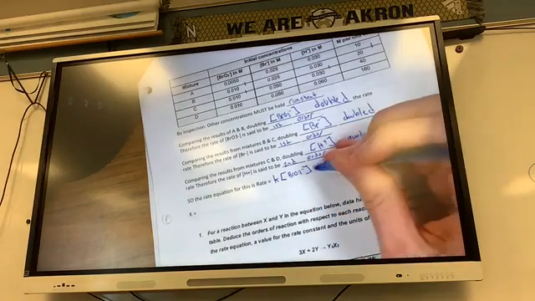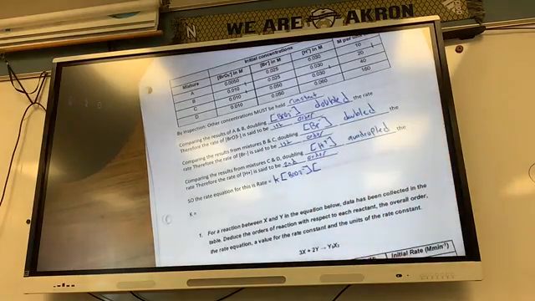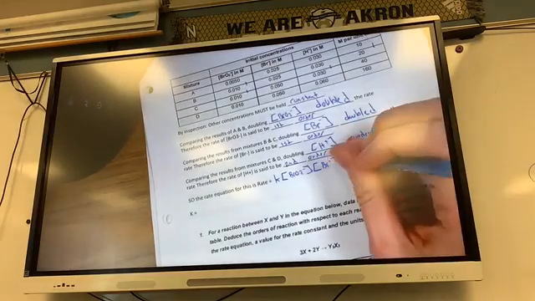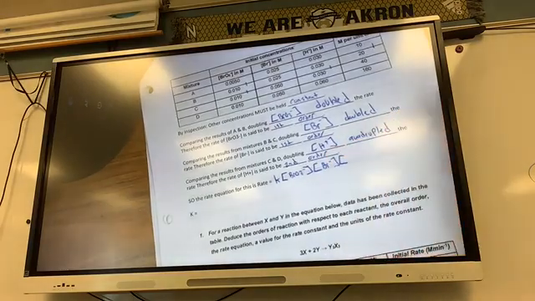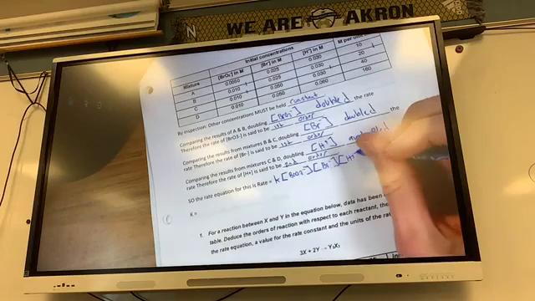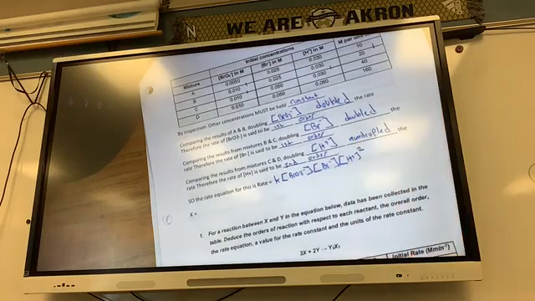No. Times the concentration of Br minus times the concentration of H plus squared. Because H plus was second order. Agreed? Yes? Easy. Yeah? Just looking at it?